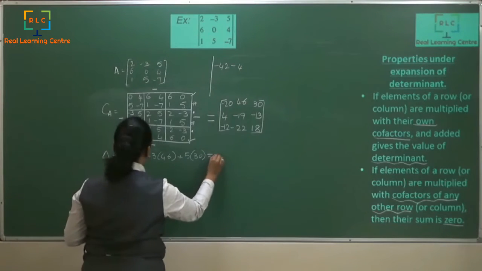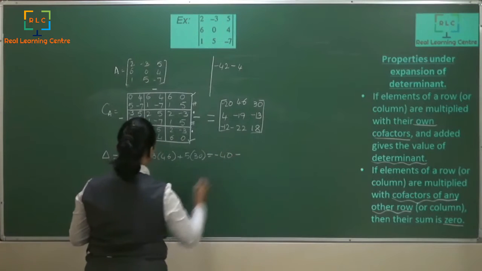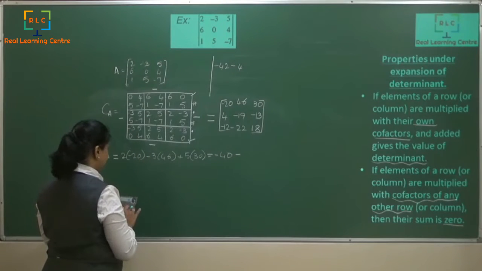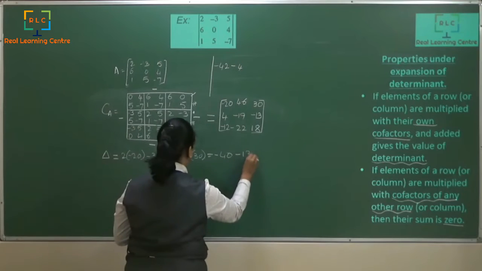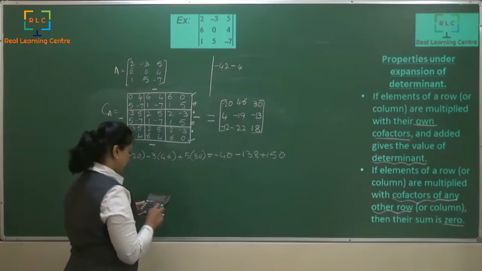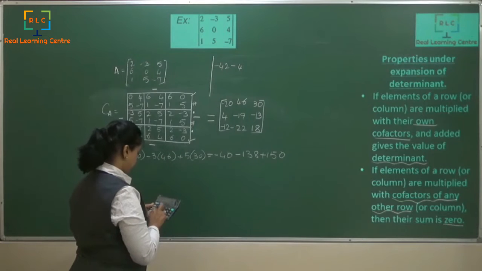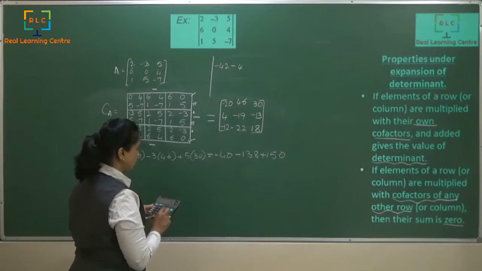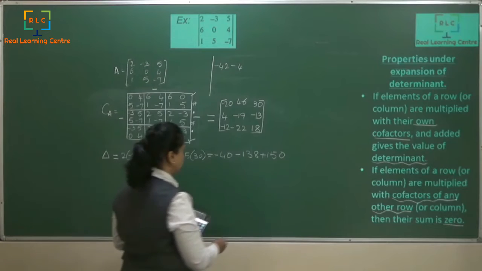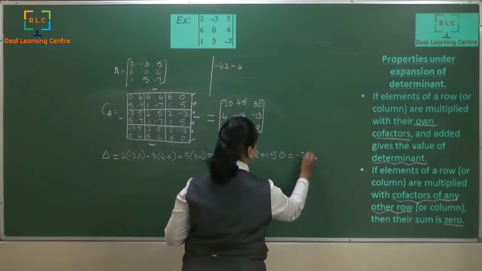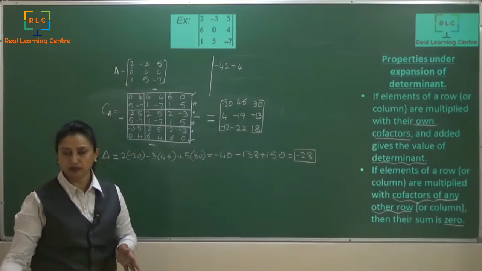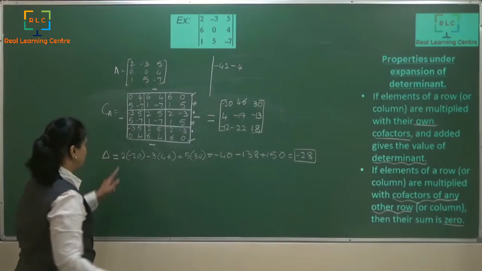This will be minus 40, minus 3 into 46 is 138, plus 150. So 138 plus 40 is equal to 178, minus 150 is equal to, and I have got here minus 28 as my delta value. Now let us go to another thing.